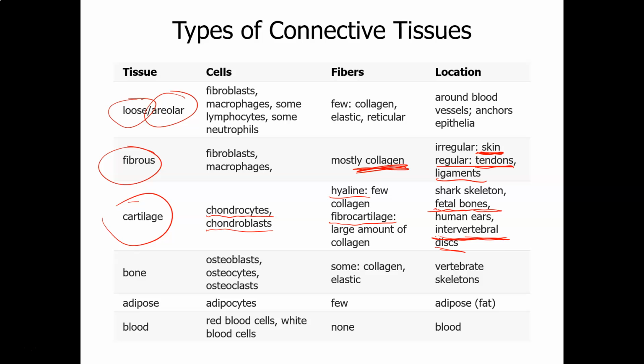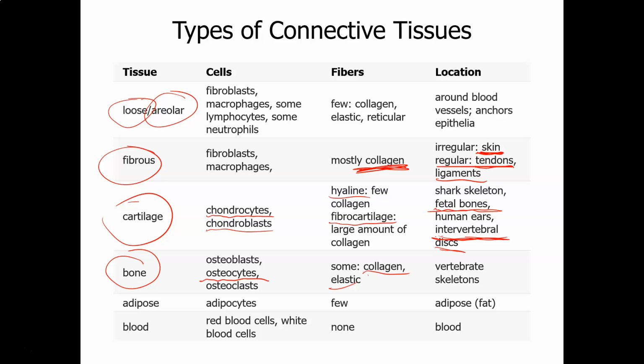And then the matrix of cartilage, of course, is very solid, very tough. Bone has cells called osteocytes, and then osteoblasts, osteoclasts. Bone has some collagen and elastic fibers, and the matrix, of course, is a very hard cement-like matrix.